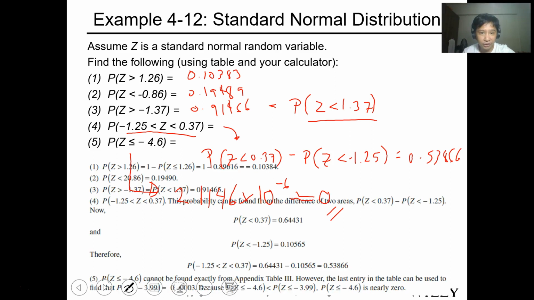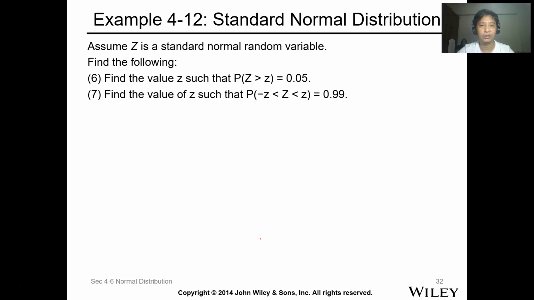So, let's check kung tama yung sagot natin. 0.1949, tama. Ito ay 0.9146, so less than 1.37. And ito yung sa range, 0.5386. And yung last, nearly 0. Yung sagot. Okay.